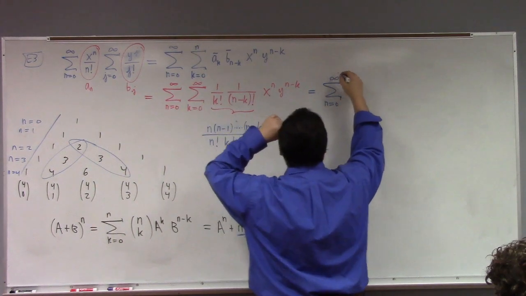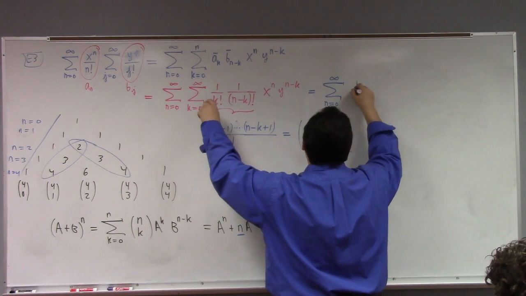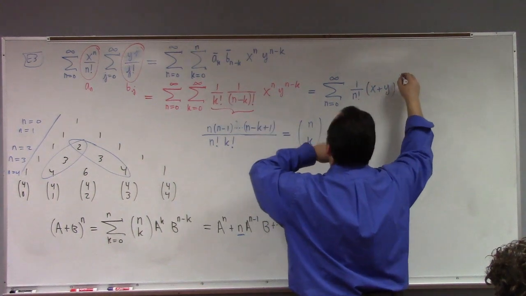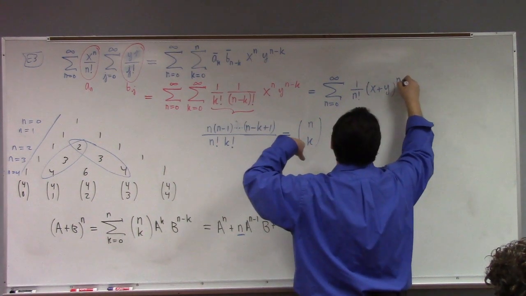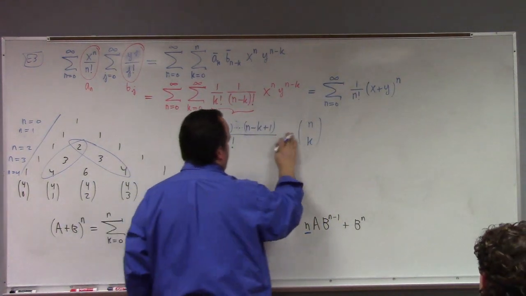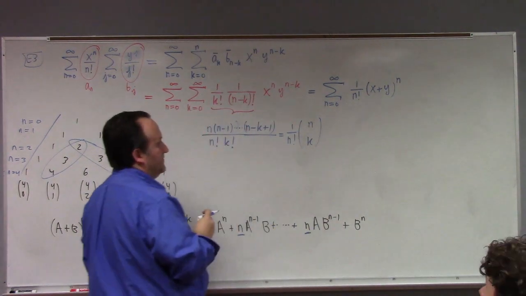Actually, it's not quite. Now I see my mistake. It's actually the sum n equals 0 to infinity of 1 over n factorial times x plus y to the n. So it's not n choose k. Actually, it is what? This should work out to 1 over n factorial times n choose k, actually.